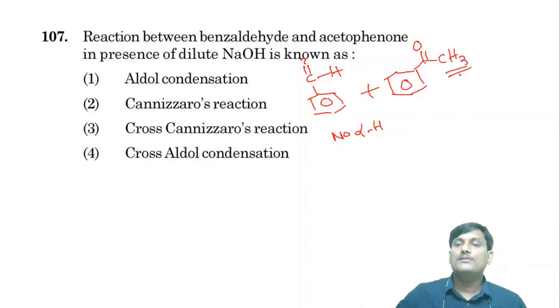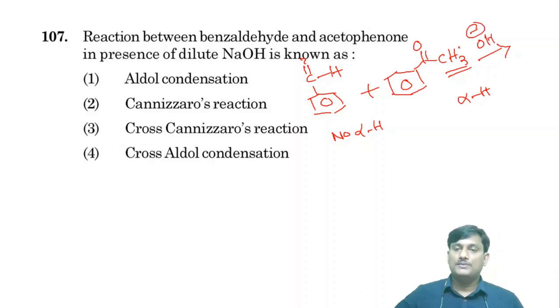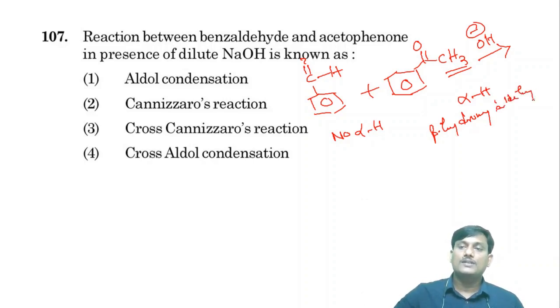Here you have alpha hydrogens. When one of the substances has alpha hydrogen, in presence of dilute NaOH there is a formation of beta hydroxy aldehyde. In this case, there is a formation of beta hydroxy aldehyde.